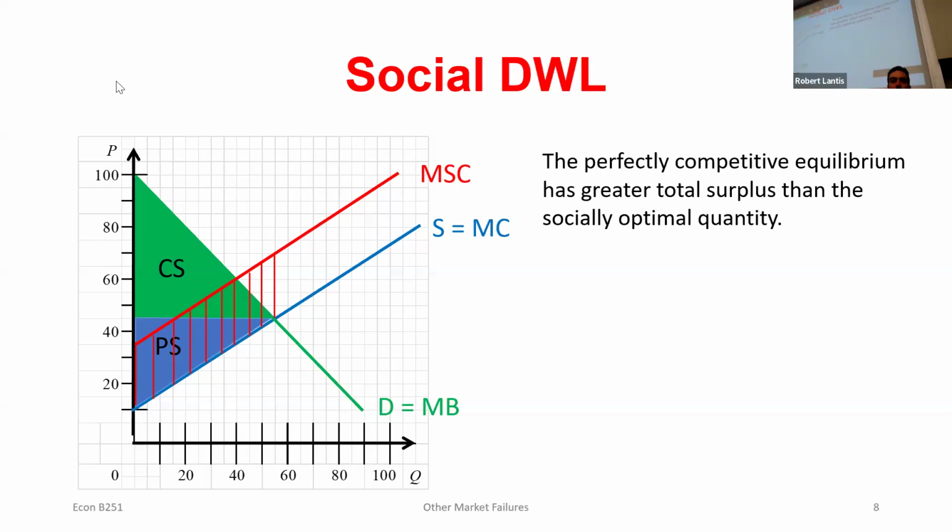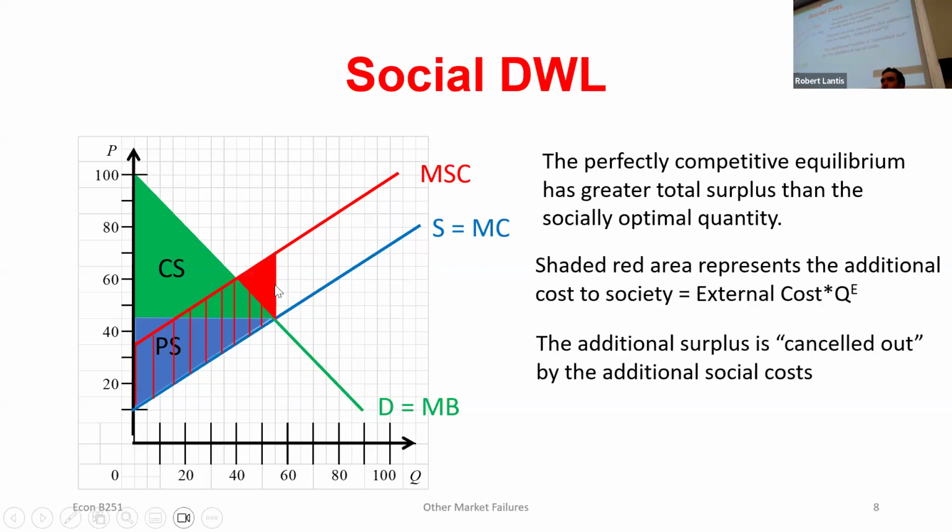What did cause a change in our total surplus? Well, for every unit past that socially efficient quantity of 40, we now also have this additional cost to society that isn't being canceled out by any additional gain to producers or consumers. So now this area here would represent our deadweight loss.